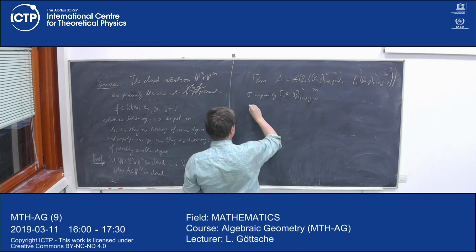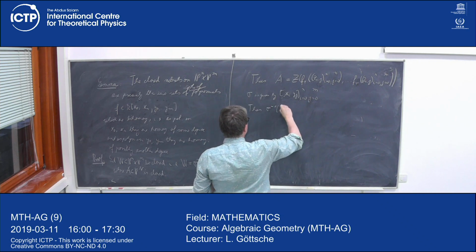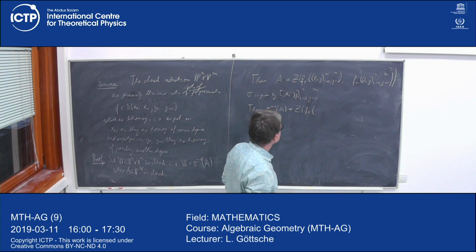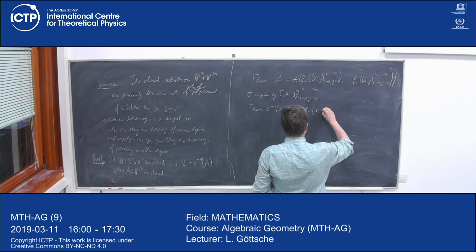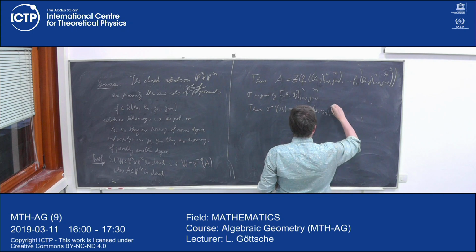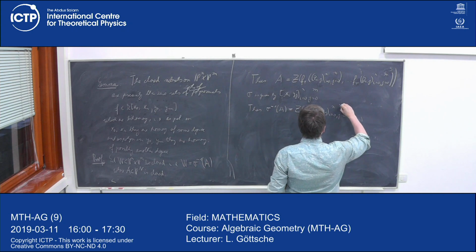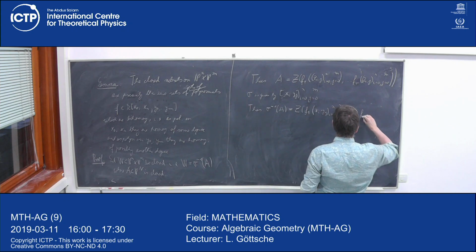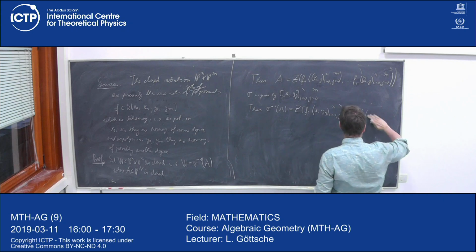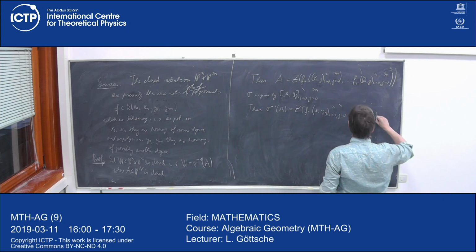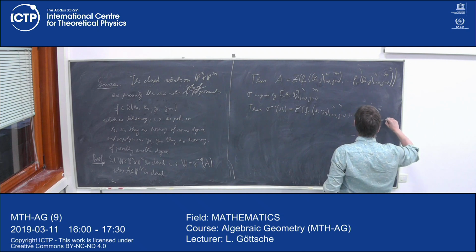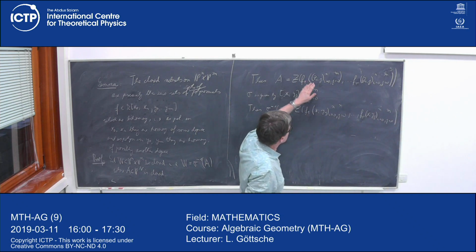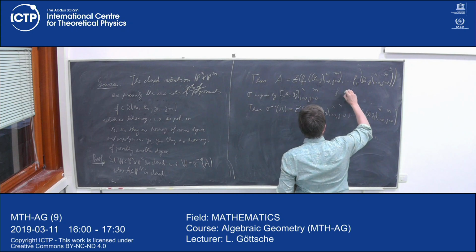So that means we just set f1 of xi yj, where i goes from 0 to n, j goes from 0 to m, and so on until fr of xi yj, i from 0 to n, j from 0 to m. Now, I should have said where the fi are homogeneous polynomials.